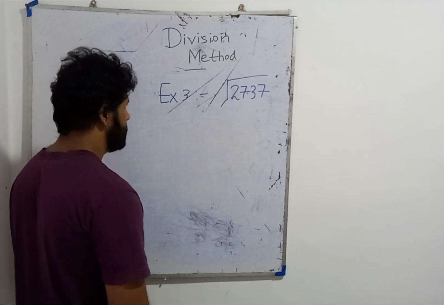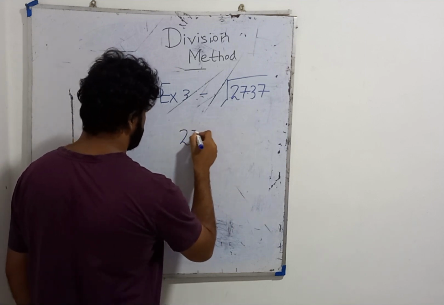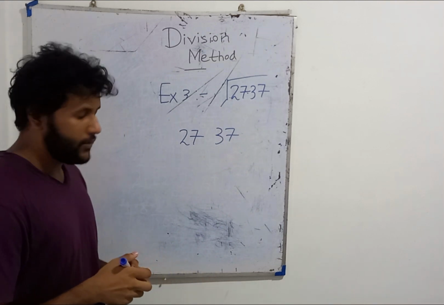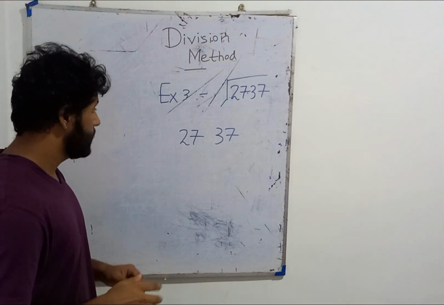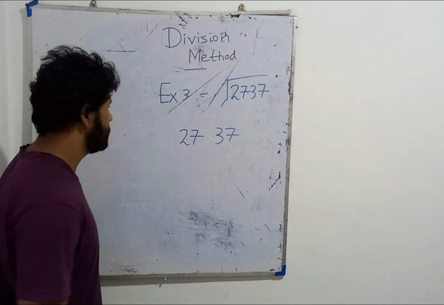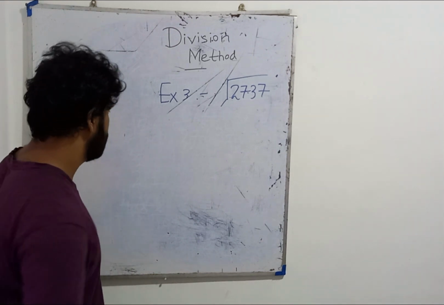Okay, then let's separate this number. It's going to be 2737, but you have to take decimals as well, right? Then you have to take this into 3 decimal places, right?